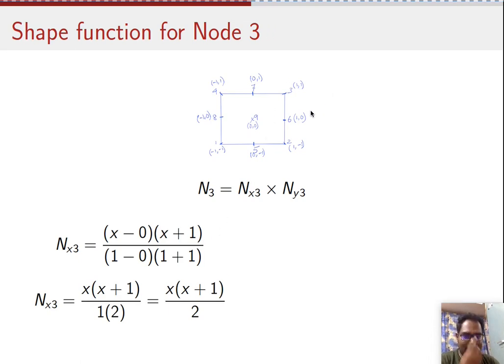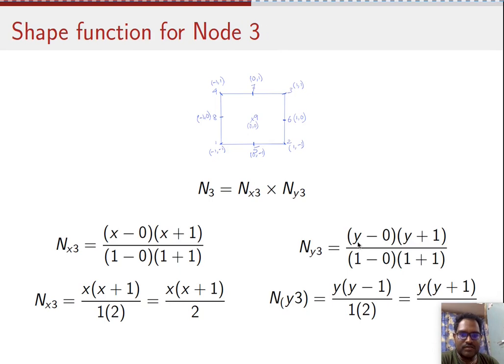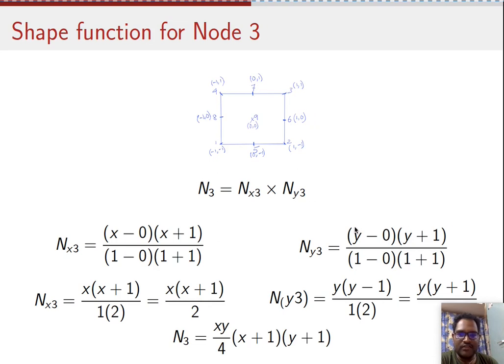The next step is the y direction. So basically you're going to have 0 and minus 1. So it is y minus 0, y minus of minus 1, which is y plus 1, and here the value of y is just 1. Substitute it, you'll find the value of ny3, and finally you will find the value of n3.